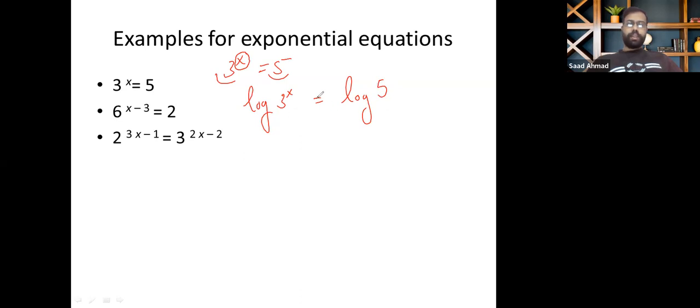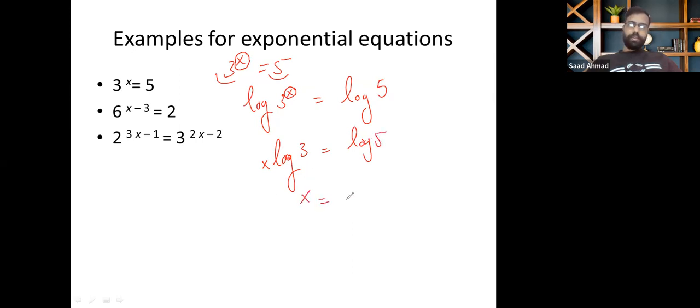Once we take the logarithm on both sides, there is a property of logarithms that tells us that the power of something can be written outside, in the start. Oh, sorry, x is the power, not the 3. So x outside and then log 3.